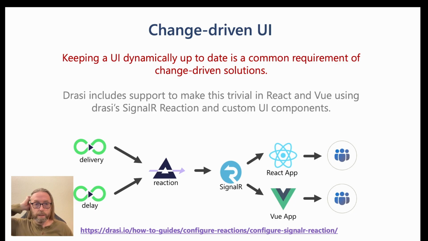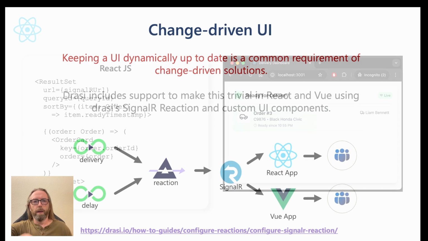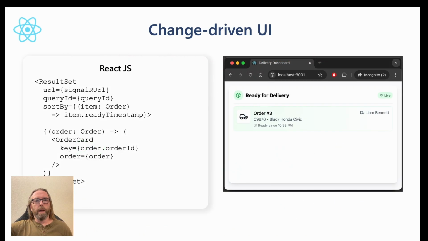You'll see on the bottom of the screen is the URL where these are described. It's all described as part of the SignalR reaction because they use SignalR as the transport mechanism of data to the client. But they are really easy to use, and the effect is quite powerful.